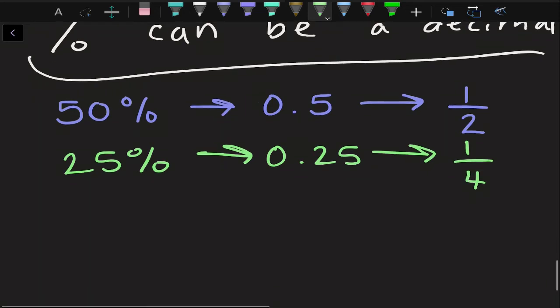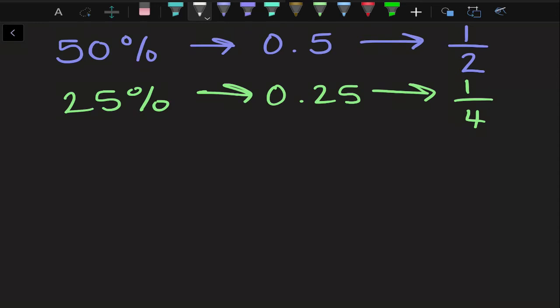Now looking at these two examples, we can come up with some steps. So our first step is going to be divide by 100 and remove our percent sign.